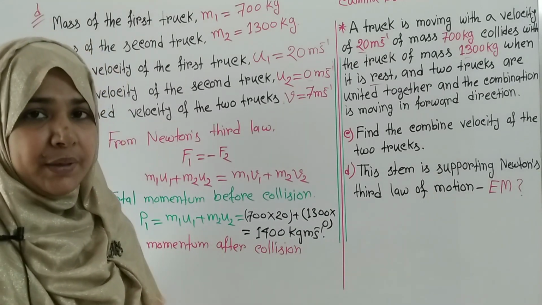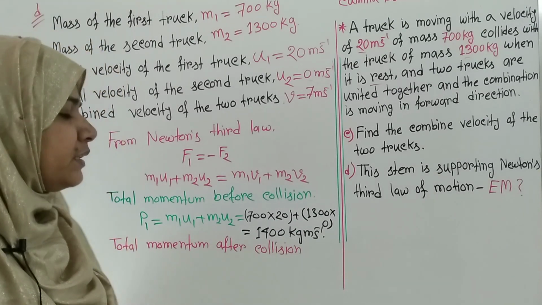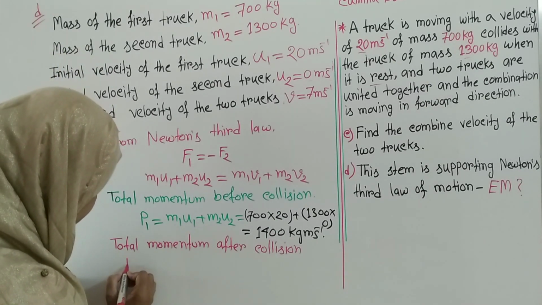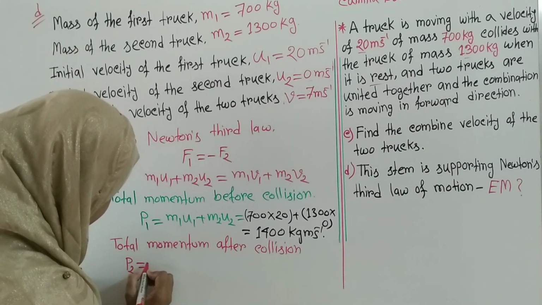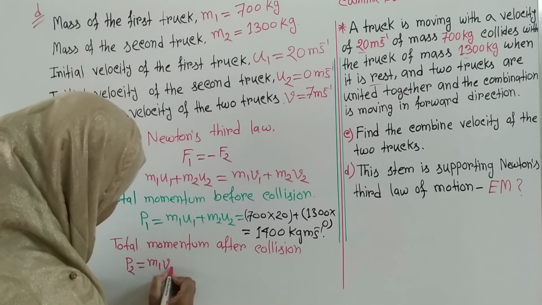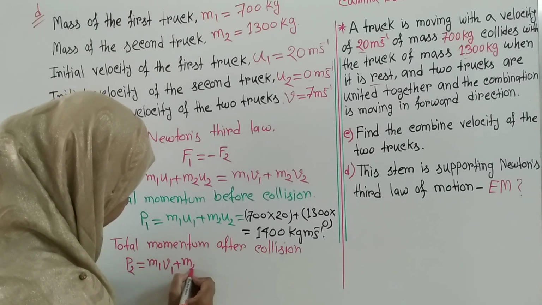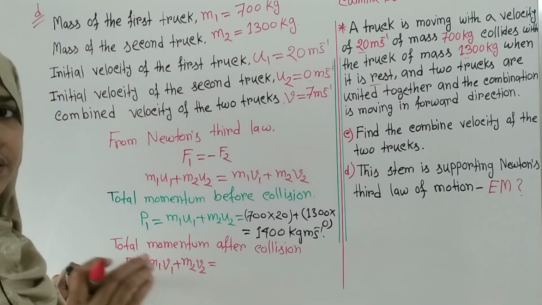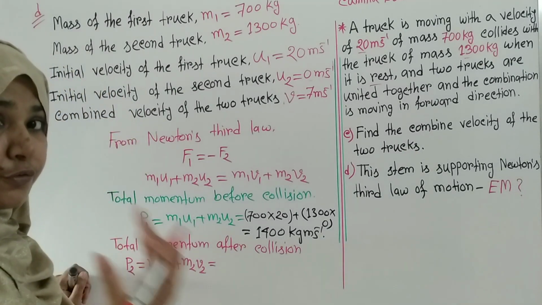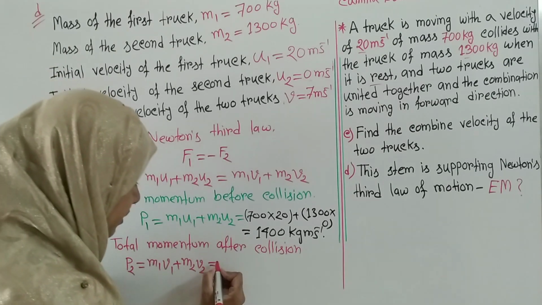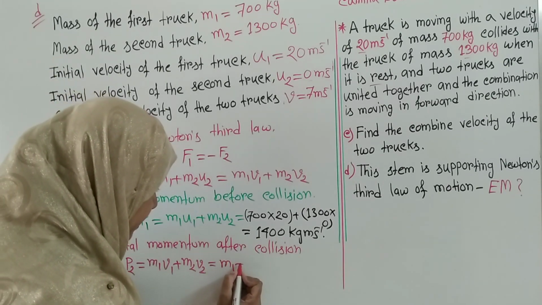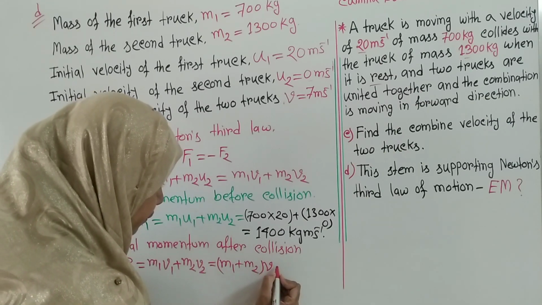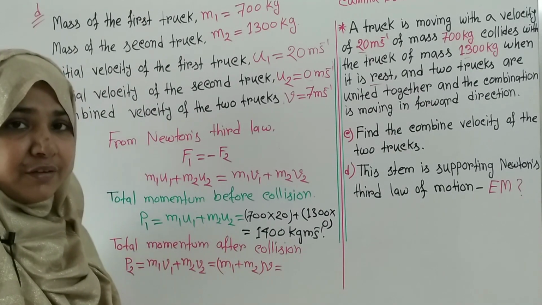Now the total momentum after collision, if we denote it by P2, then P2 is equal to M1V1 plus M2V2. As after collision the two trucks move combined, we can write this equation as M1 plus M2 into V. Now put the given information.